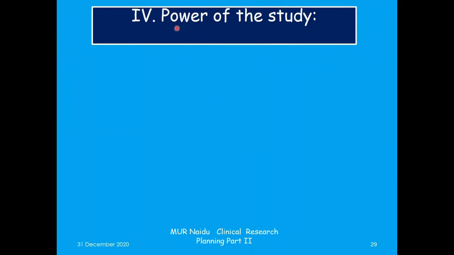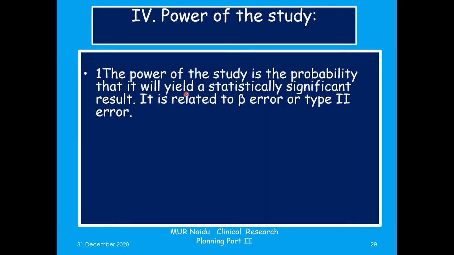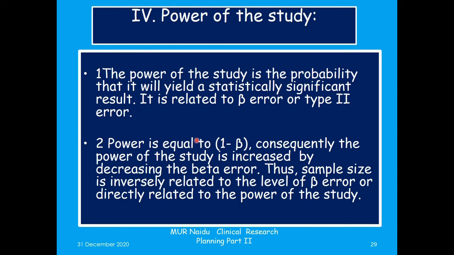The power of a study also influences the sample size. The power of a study is the probability that it will yield a statistically significant result, and it is related to what is known as beta error or type 2 error. The power is equal to 1 minus beta. Consequently, the power of a study is increased by decreasing the beta error.